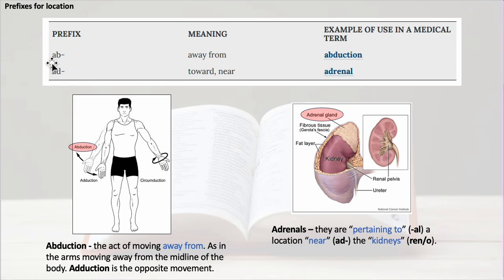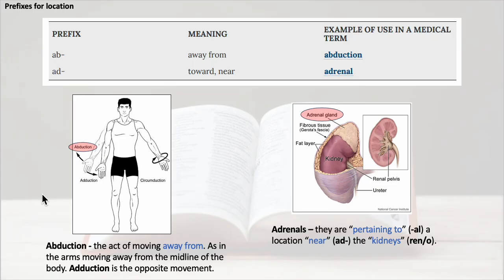So we have the prefix ab and the prefix ad. The prefix ab means away from or separation or movement away, and it's often used to describe movement away from a central point or origin. An example of this is the movement of abduction.